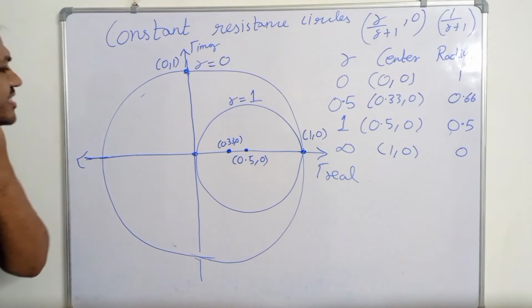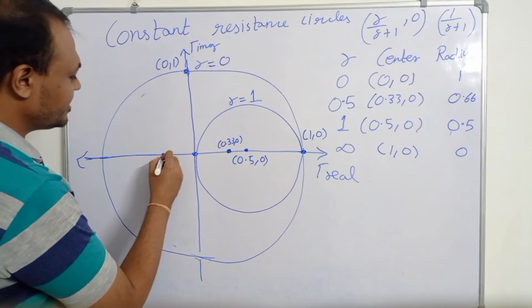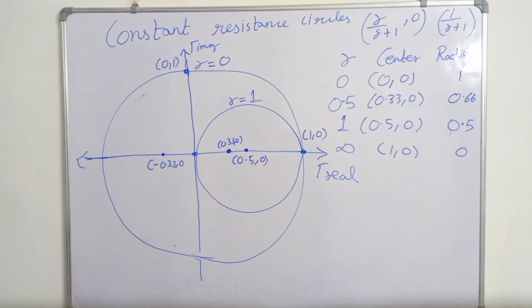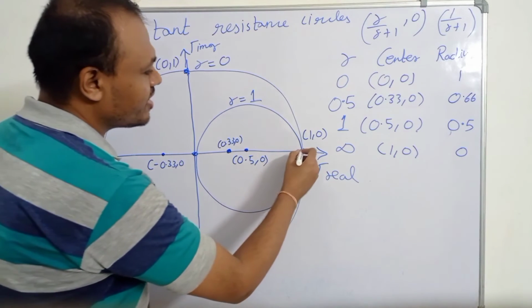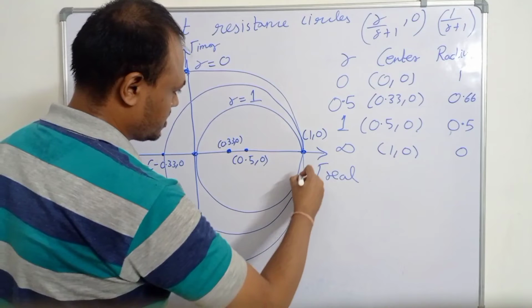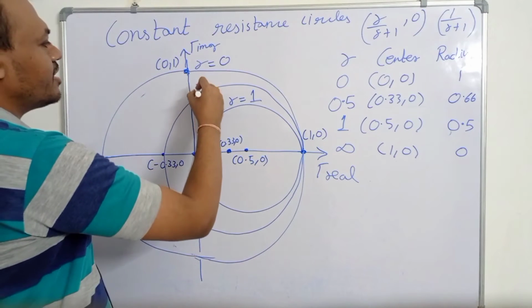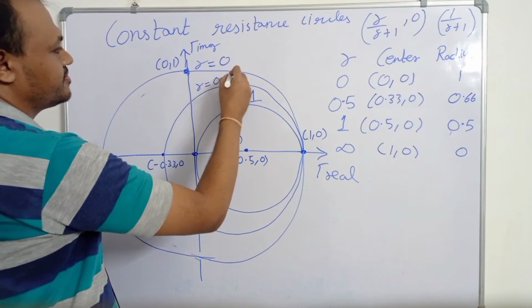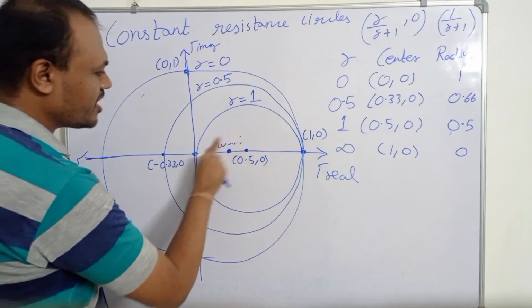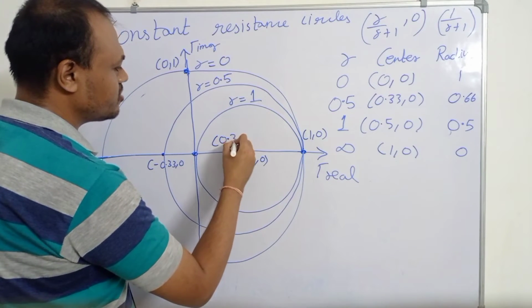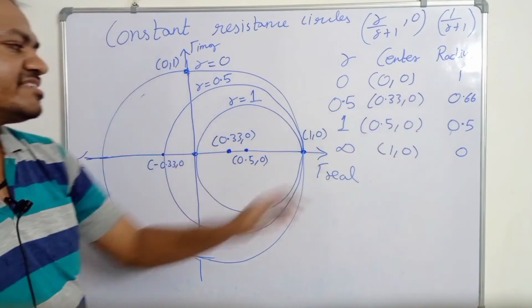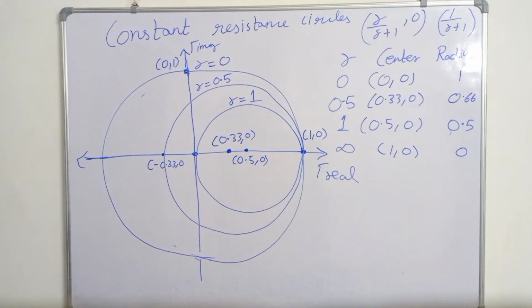So the center will lie somewhere here, and it will also touch this point, let this point be minus 0.33 comma 0. So this is the circle for r equal to 0.5. It is also touching the 1 comma 0 point because its radius is 0.66, so it spans 1 comma 0 and minus 0.33 comma 0.